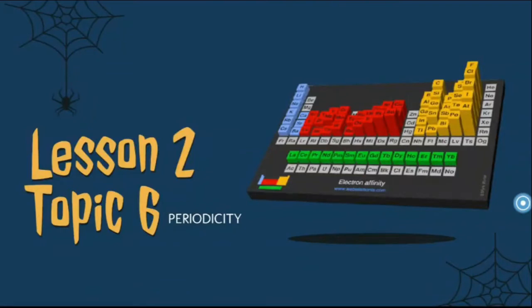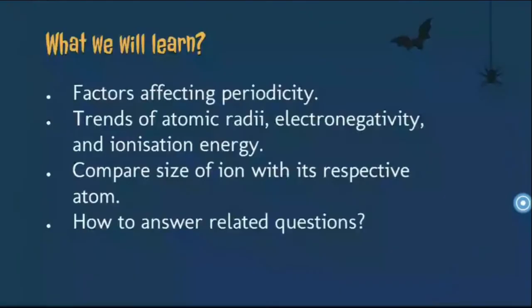So today we will continue our lesson with lesson 2, topic 6, periodicity. What we will learn for this evening is first the factors. We will discuss the factors affecting the periodicity.